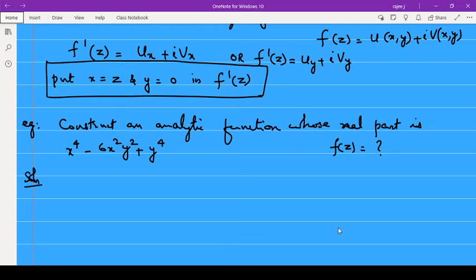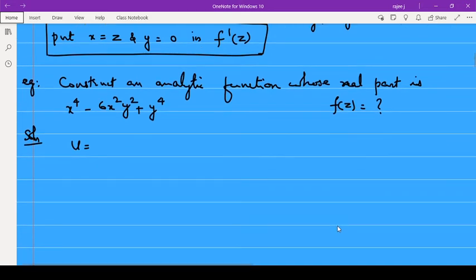Here the real part is given: u is equal to x raised to 4 minus 6x square y square plus y raised to 4. When u is given, first just find ux and uy. Ux means the derivative of this with respect to x.